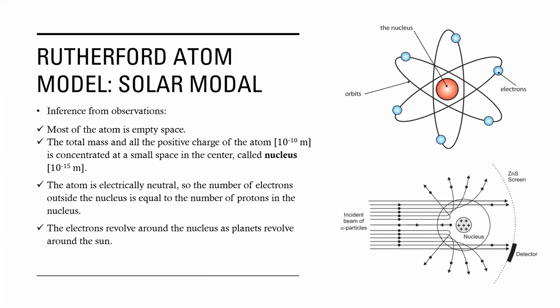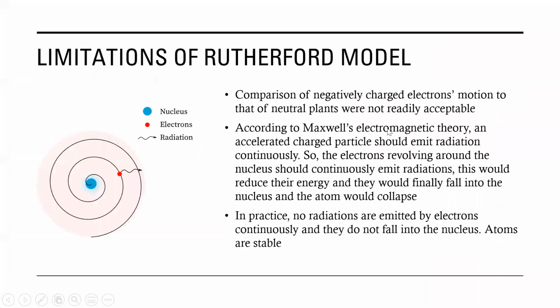But this model was accepted for a long time until the scientific world found some limitations of the Rutherford model. Now let us see what the limitations of the Rutherford model are. Some scientists said that you cannot compare negatively charged electrons, which are very small, to neutral planets, which are very large.